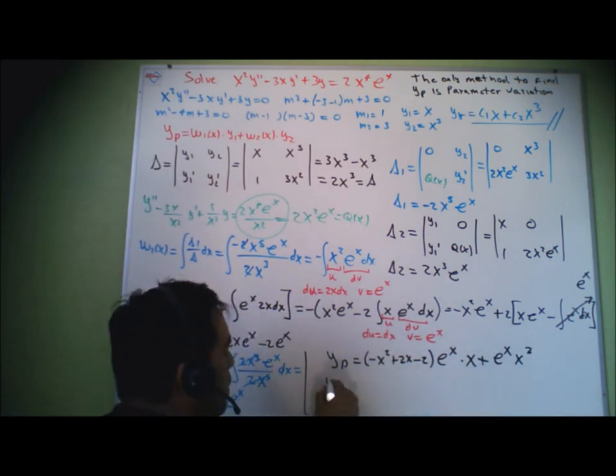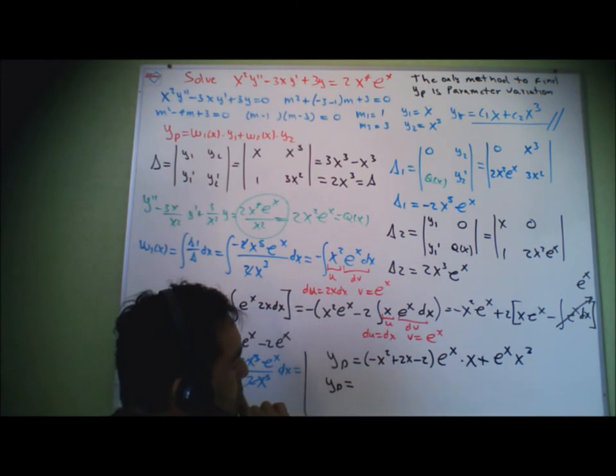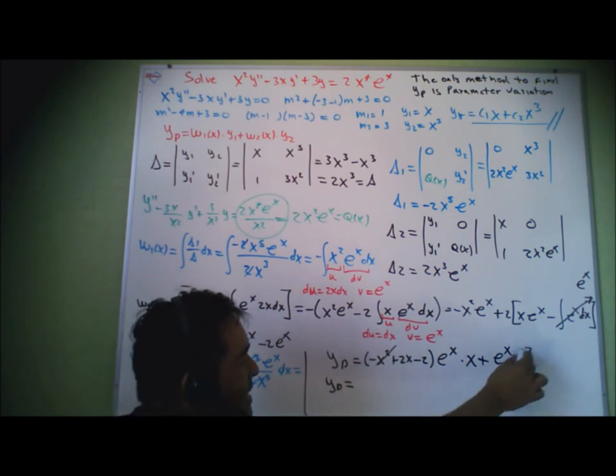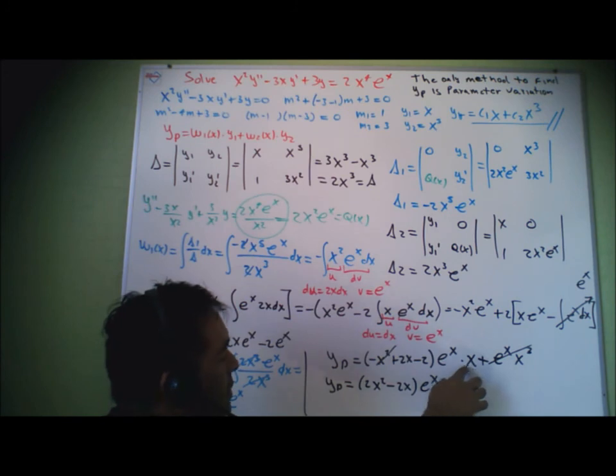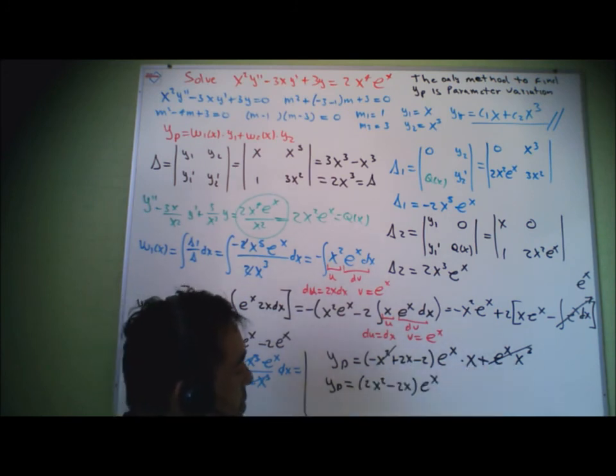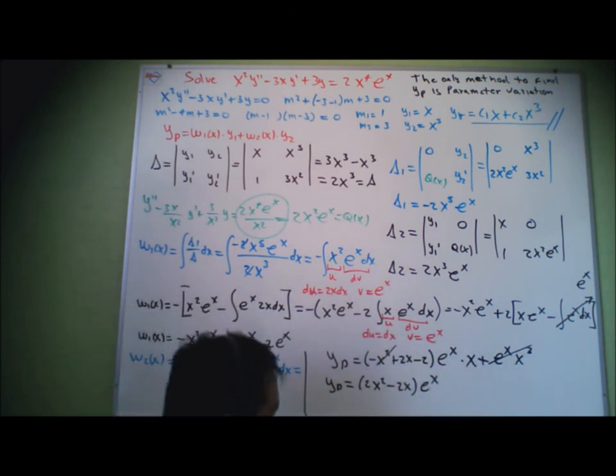We can actually reduce that. This and this actually cancel with this, and this is going to be just 2x squared minus 2x exponential of x. Now I hope you can see why this and this cancel.